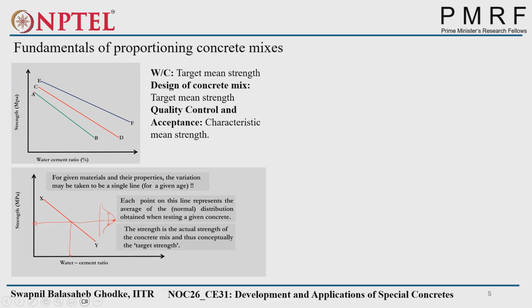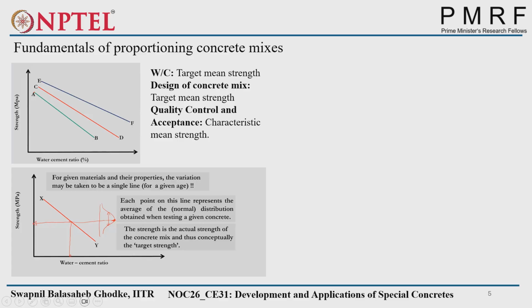A similar thing has also been explained in the lecture. For given materials and their properties, the variation may be taken to be on a single line for the given, particular age. These are for different ages and cement types. For a single age, each point on this line represents the average of the normal distribution obtained when testing a given concrete.